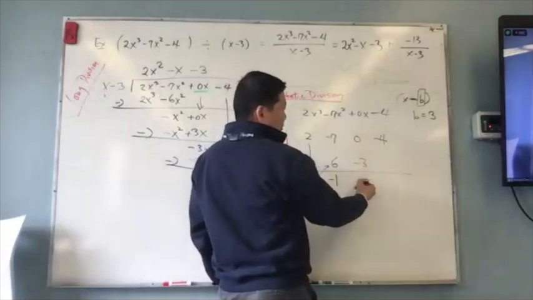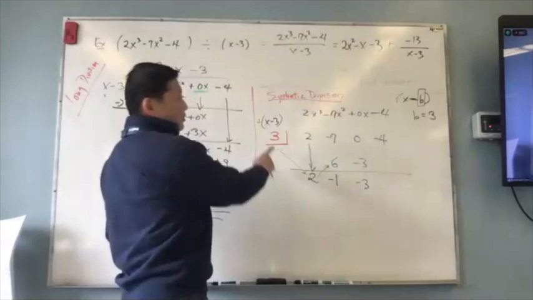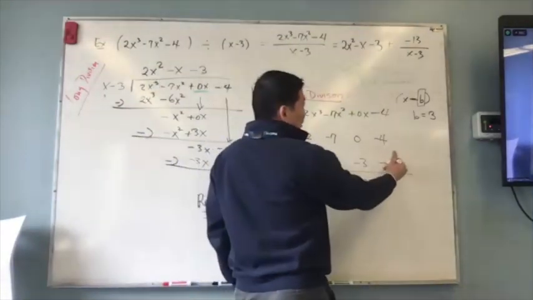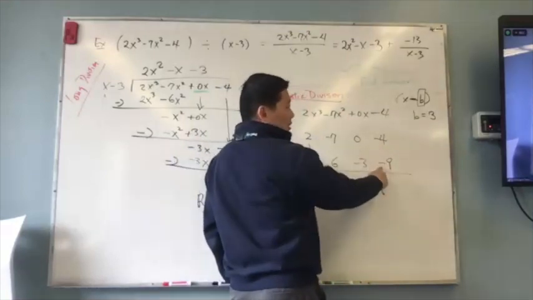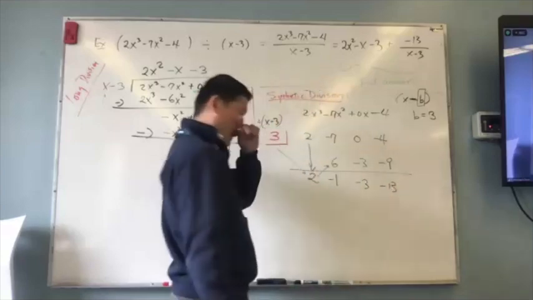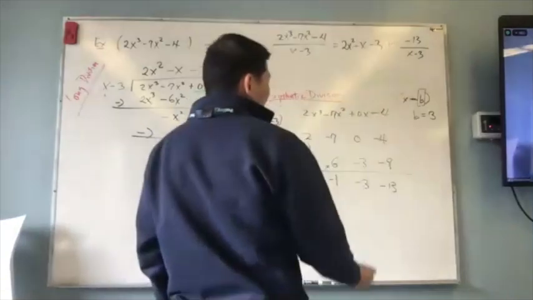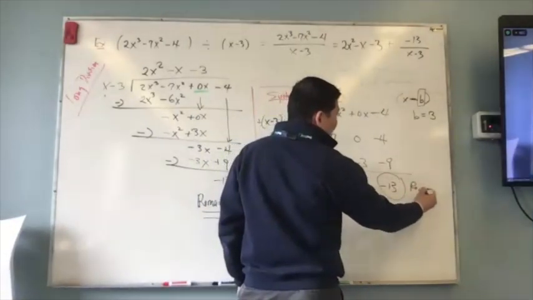Zero plus -3 is -3. 3 times -3 gives you -9. -4 plus -9 gives you -13. And then you just add the x. This is your remainder.